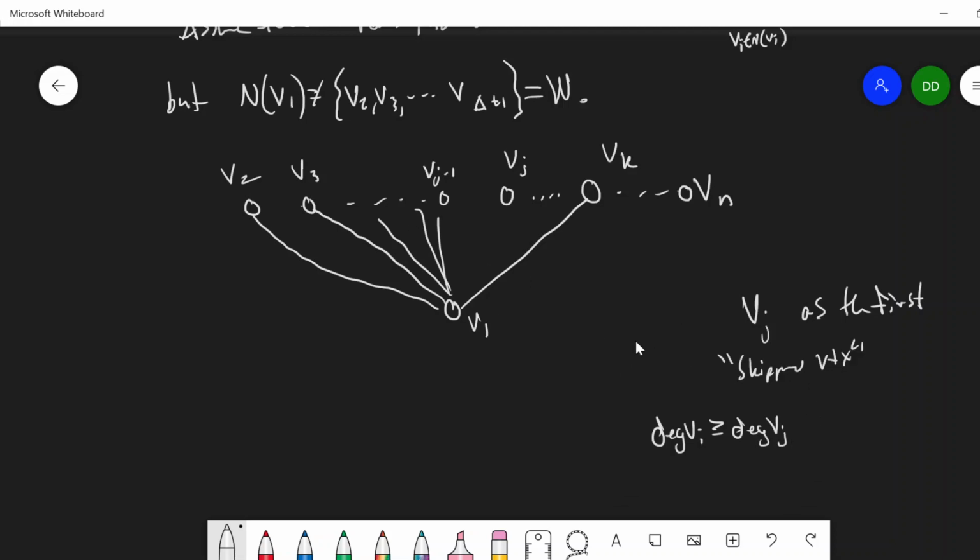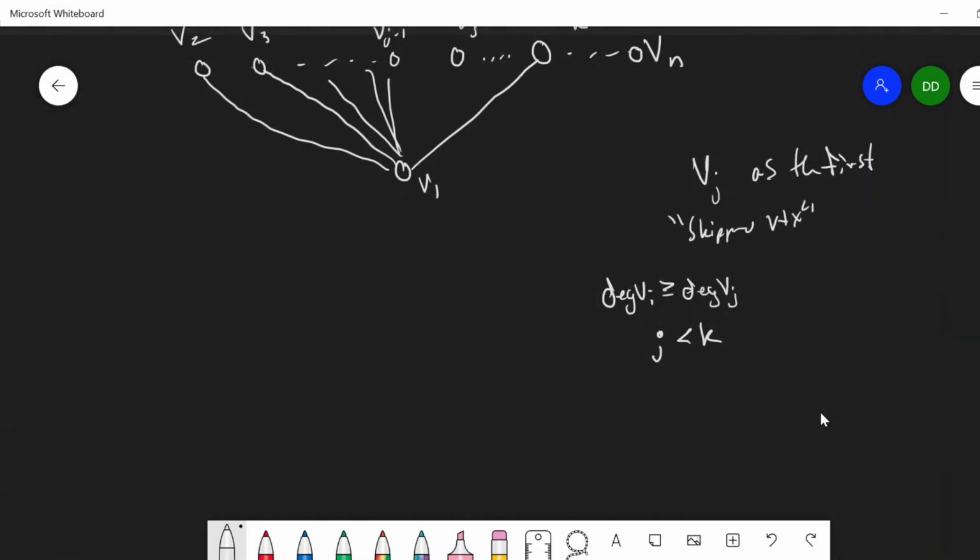We wrote it in a non-increasing sequence, and di corresponds to Vi, and that's how our graphical sequence is non-increasing. So that means since we have a first skipped vertex and it's adjacent to some other one, Vk, we have j less than k.